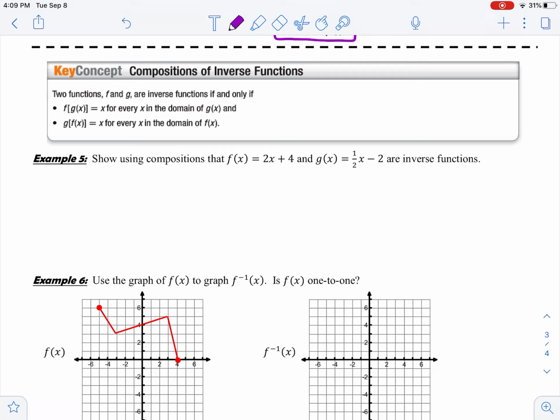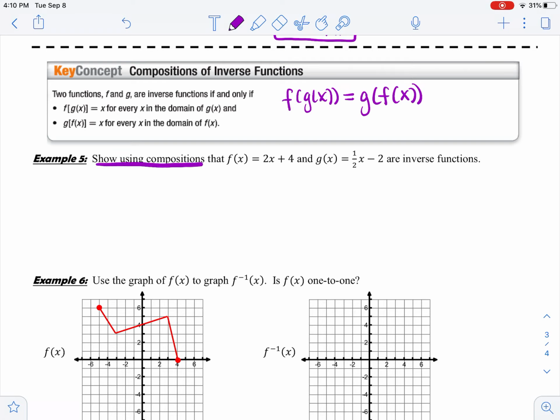Two functions, f and g, are inverses if and only if f of g of x is equal to g of f of x. Now, we learned yesterday that both of them will simplify to x if they're inverses. Knowing that, I think, is not so great because then people just automatically don't show their steps. Make sure you show your steps, okay?